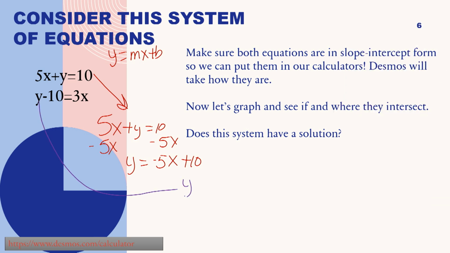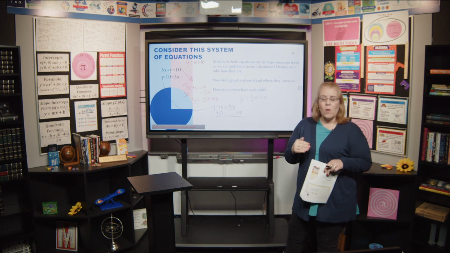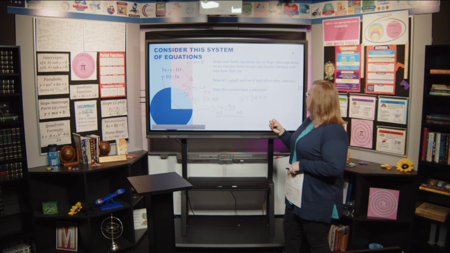So I've got y minus 10 equals 3x. I want to get that y by itself, so I'm going to add 10 to both sides. So y equals 3x plus 10. Now that I've got both of them in y equals mx plus b form, let's look at our calculator.